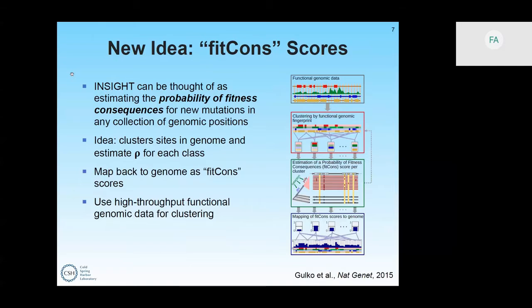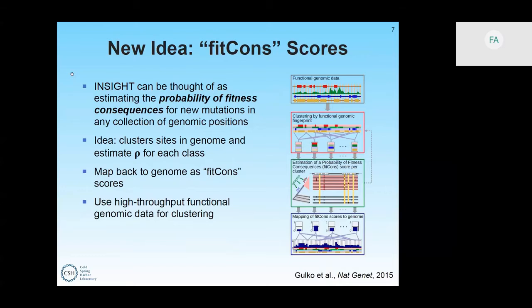And now I've just shown you a framework for estimating the influence of natural selection on a dispersed collection of sites, very much like these dispersed collections that are assigned to these clusters. So the next step of this method is we simply feed each of these clusters of dispersed nucleotides into the INSIGHT algorithm and obtain an estimate of this quantity that I've called rho, the fraction of nucleotides under selection.